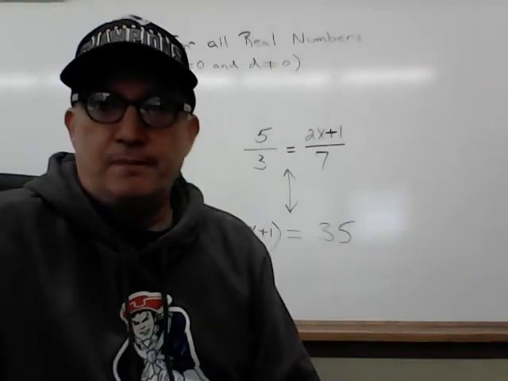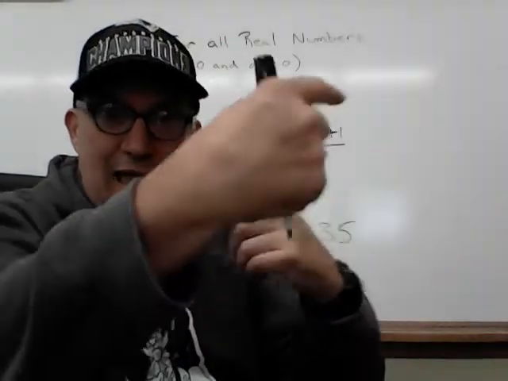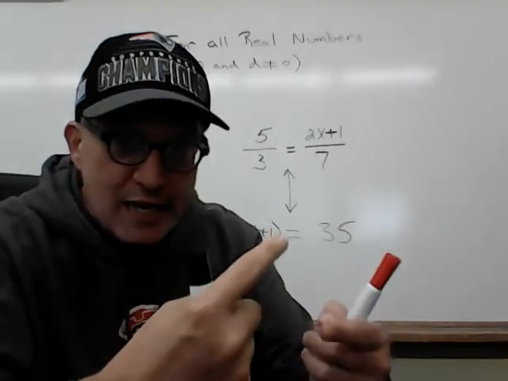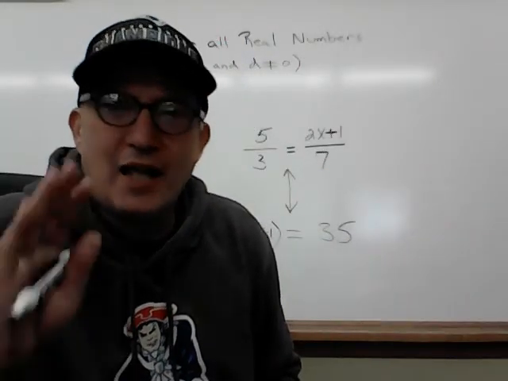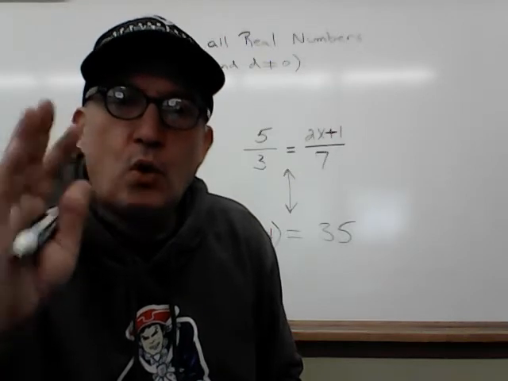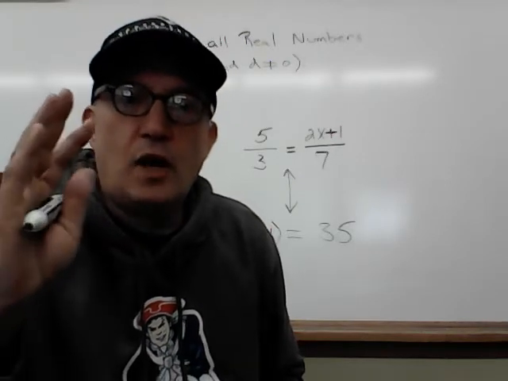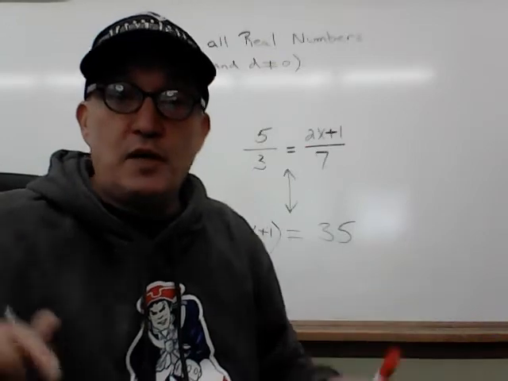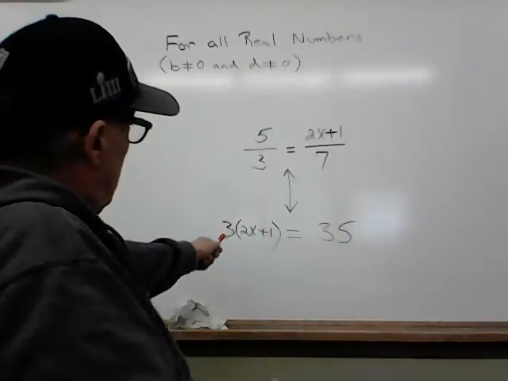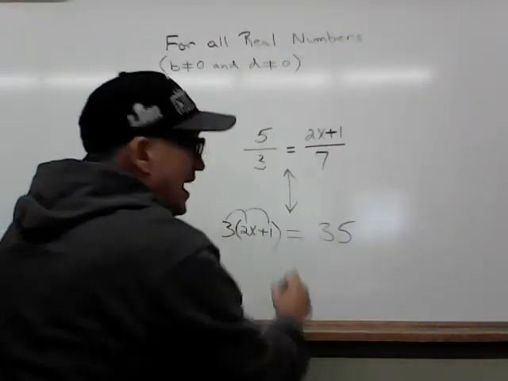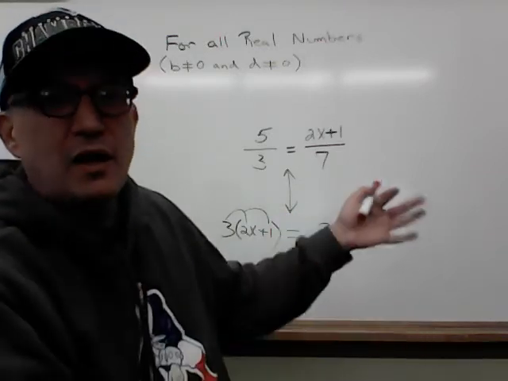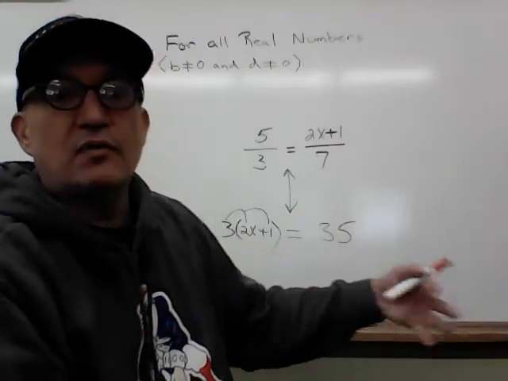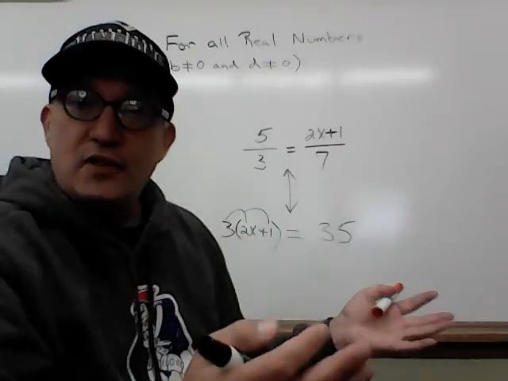Automatic response, right? Go back to that. A over B equals C over D. Automatically the diagonal cross products. I can't tell you enough how important and valuable that will be going forward. Apply the distributive property. Now, one option here would have been to divide each side by 3, but 35 is not a multiple of 3, so let's apply the distributive property.